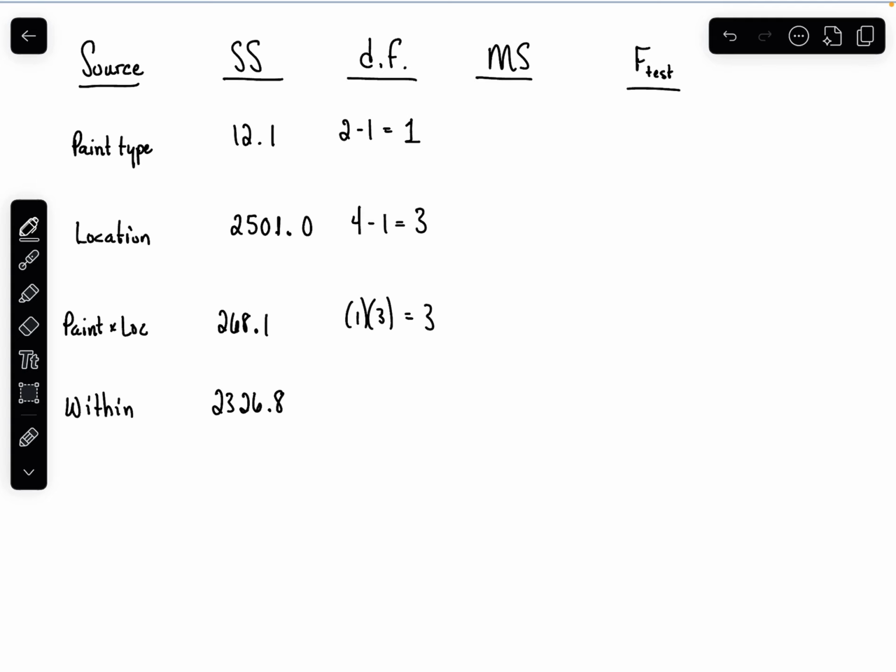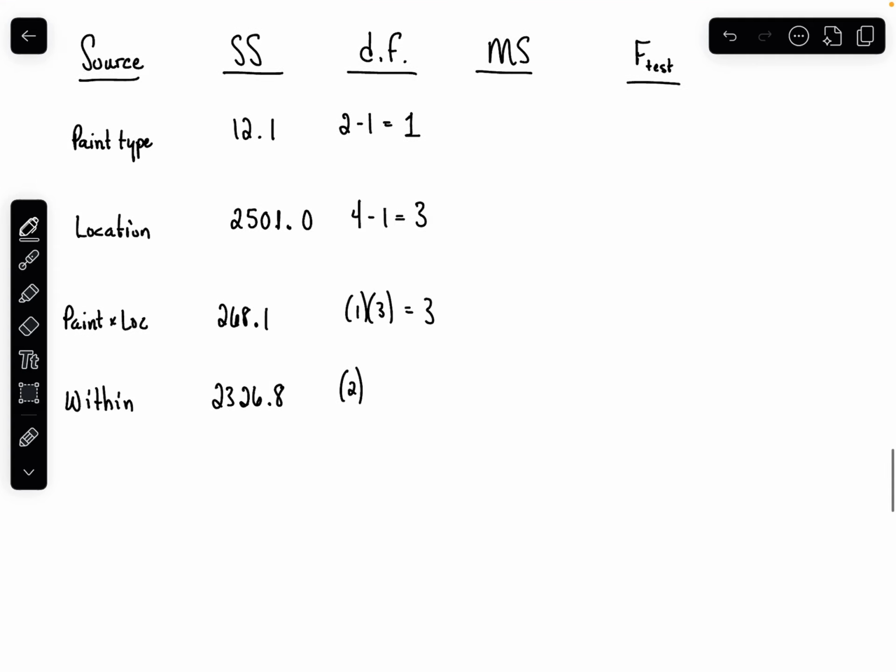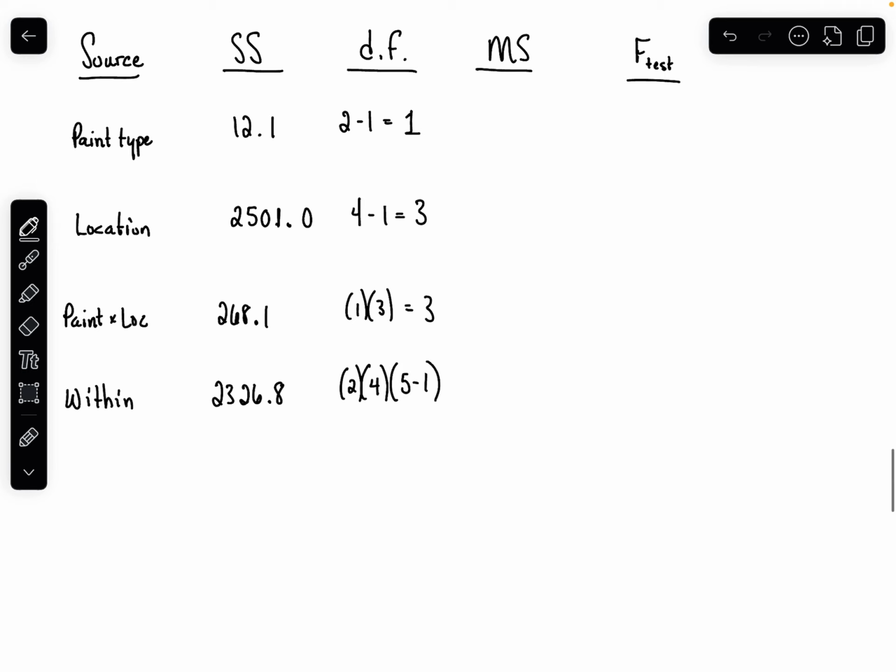So the 1 from the degrees of freedom for paint type times the 3 for the degrees of freedom for the location. And then lastly, the degrees of freedom within is going to come from the number of types of paint times the number of types of location times the size of each sample minus 1. And that's going to give us a total of 32.